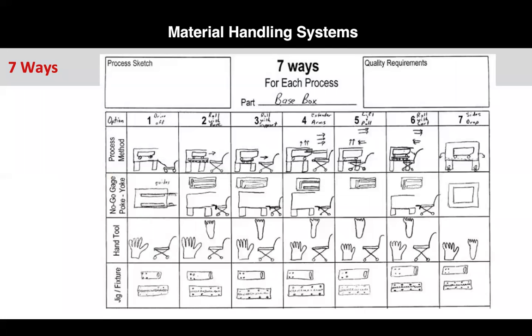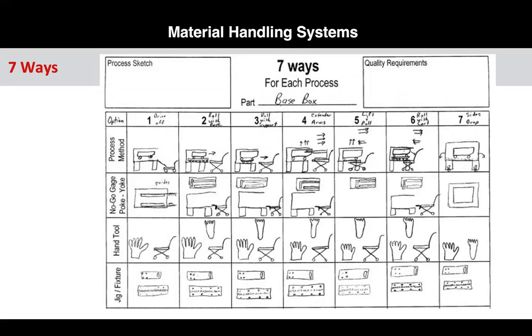Now here's the seven ways. Actually, this is a kind of material handling here. And in these forms, you can see this one here was just sketched up. This was done in the Kaizen, and we'll discuss briefly what a Kaizen is. But it was a brainstorming session here.